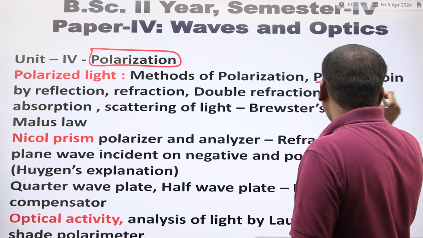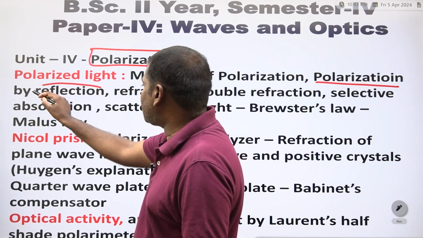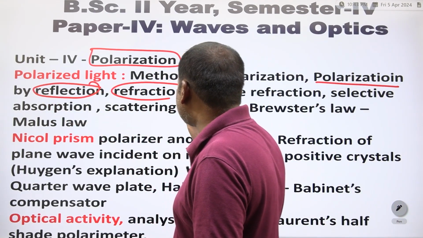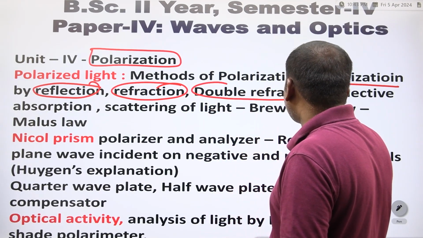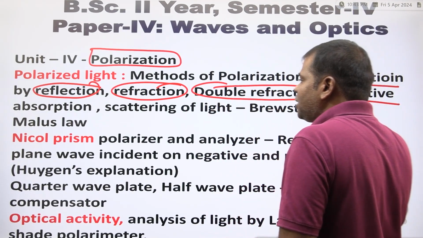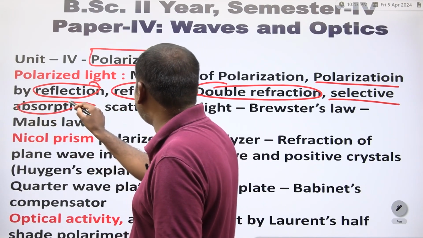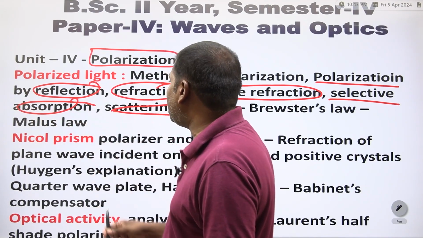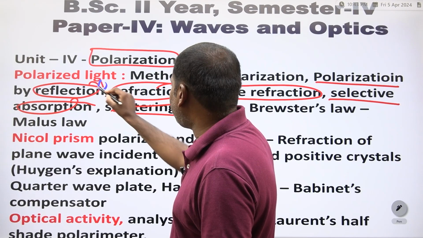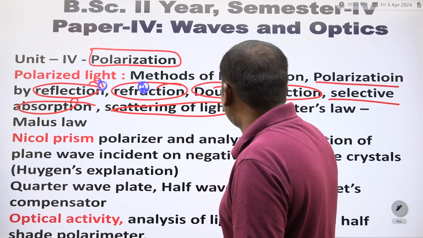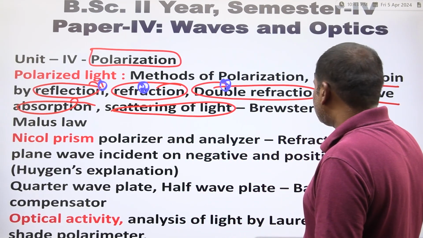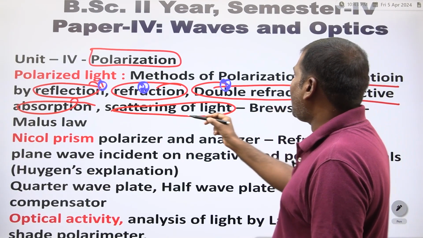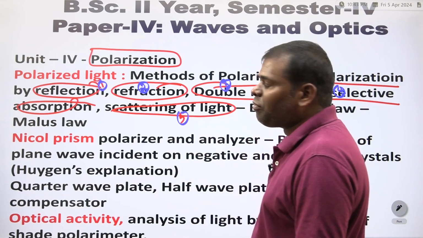Polarization methods. Polarization due to the reflection is one method, due to the refraction one method, due to the double refraction another method, the selective absorption is another method, scattering of the light. How many methods are there? Due to the reflection, due to the refraction, due to the double refraction, due to the selective absorption, and the fifth one is the scattering of light.